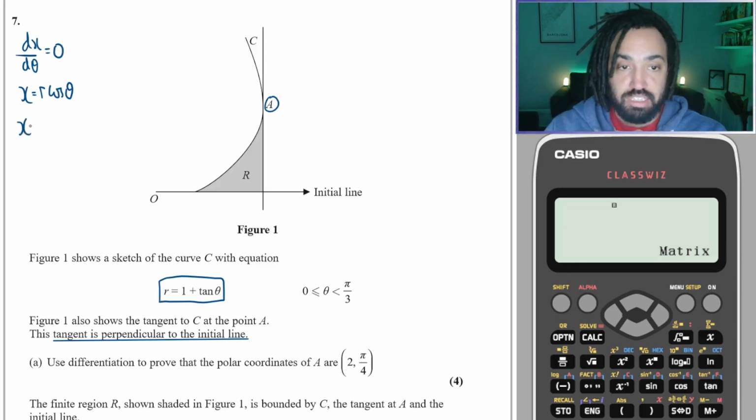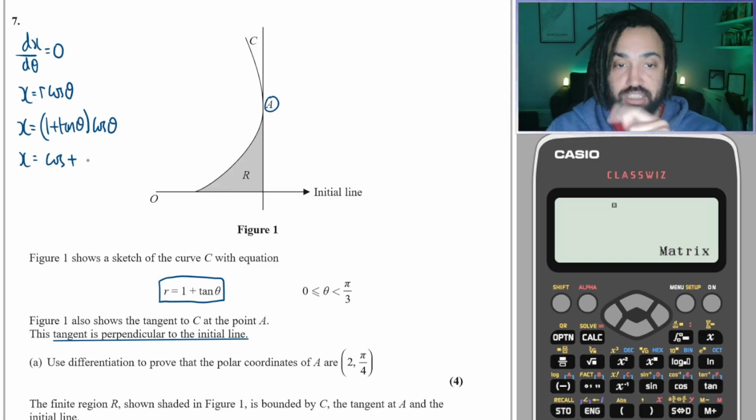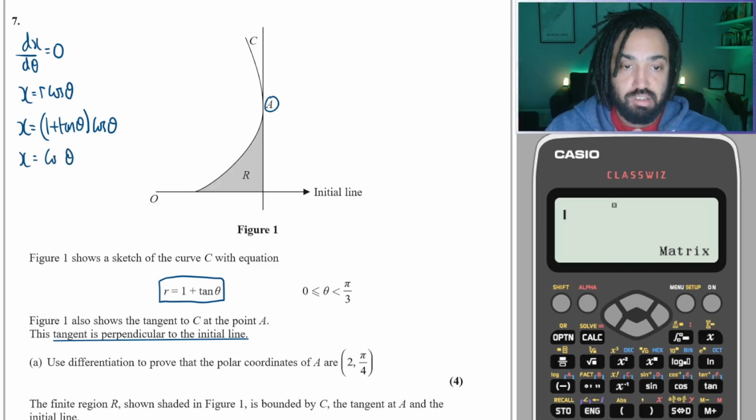So I'll write x is equal to r, we're going to replace with the line equation, which is 1 plus tan theta, and then we're going to multiply that by cos theta. Okay, so multiplying out is going to give me cos theta plus cos times the tan is sine. Whoops, let me just write theta in there.